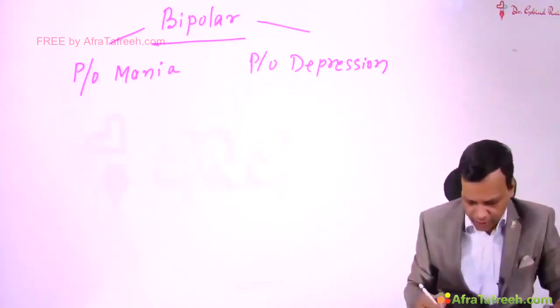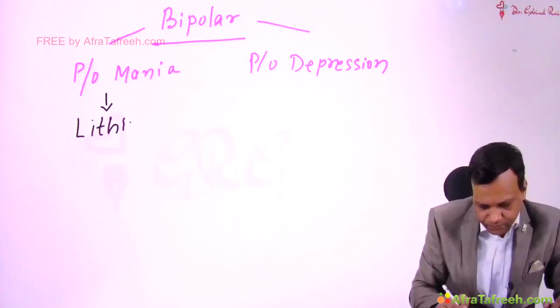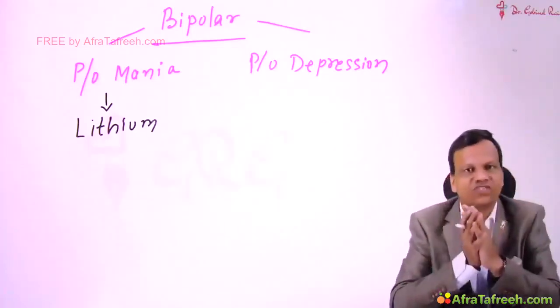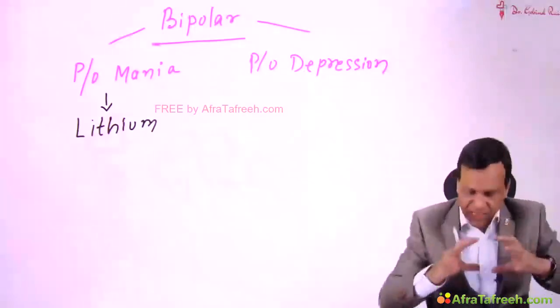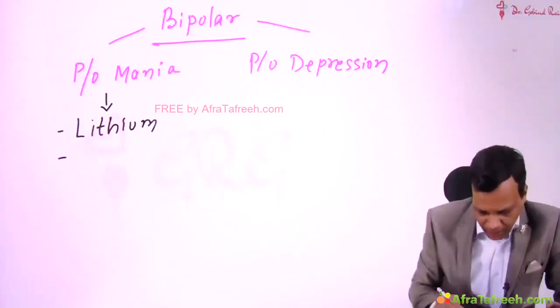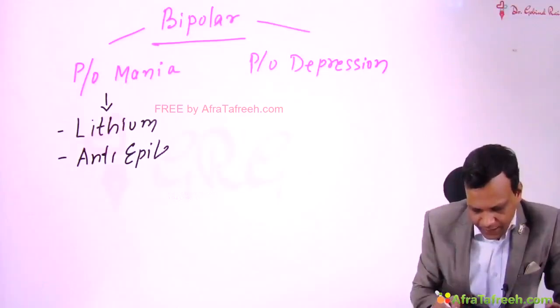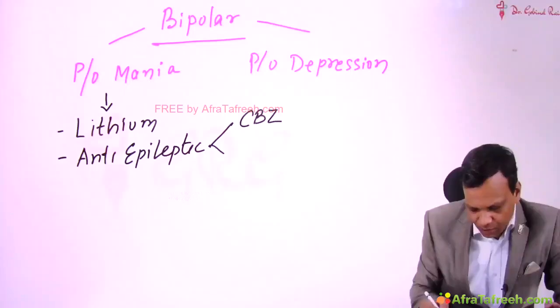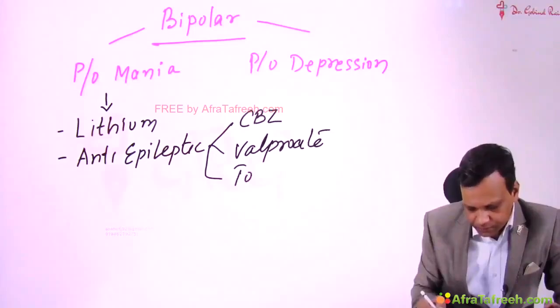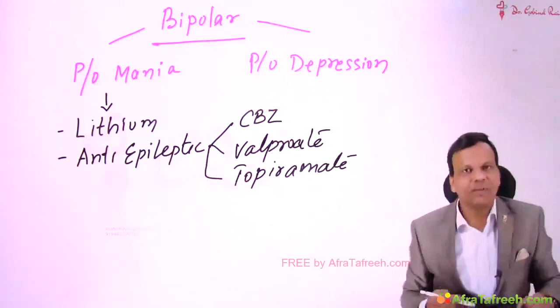And we all know the drug of choice for prophylaxis of mania is lithium. But some other drugs are also used to prevent mania. The important among them are some anti-epileptic drugs, like carbamazepine or valproate or even topiramate. They can be used for prophylaxis of mania.